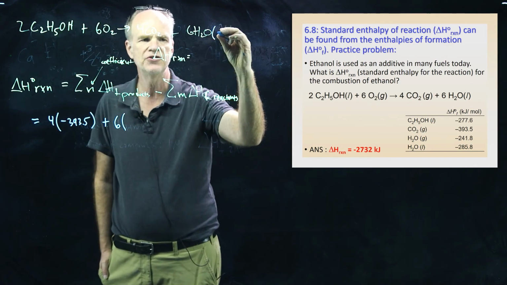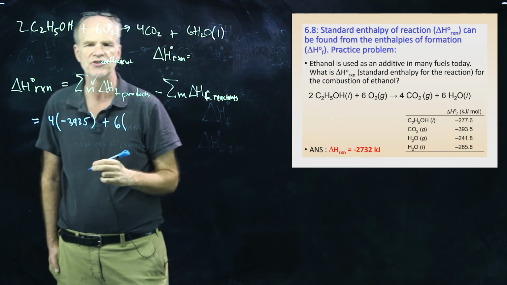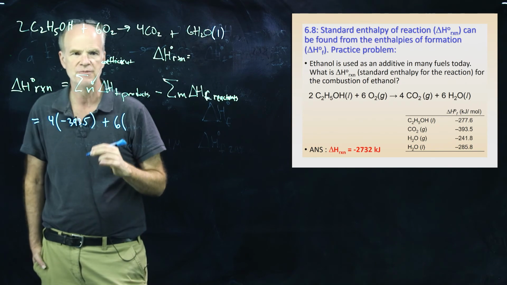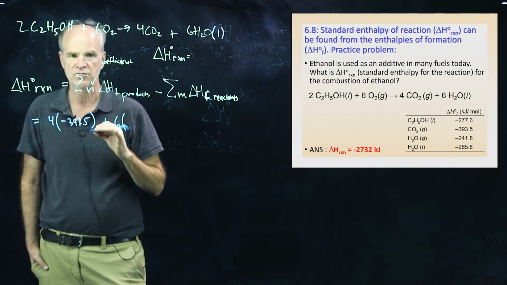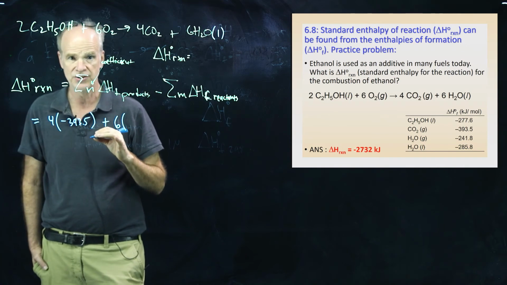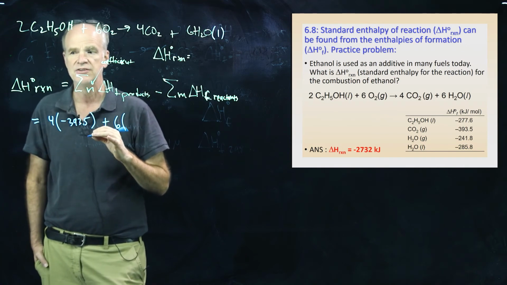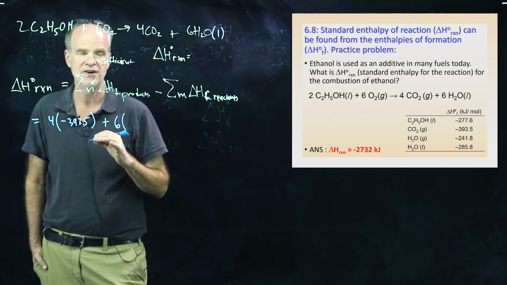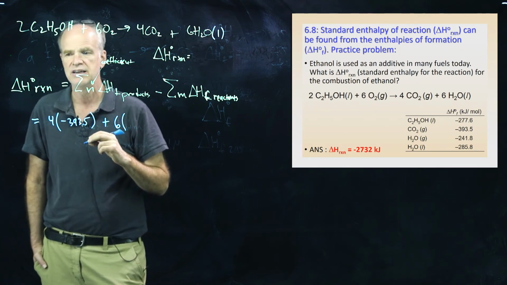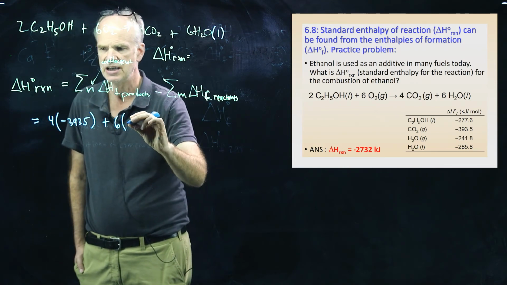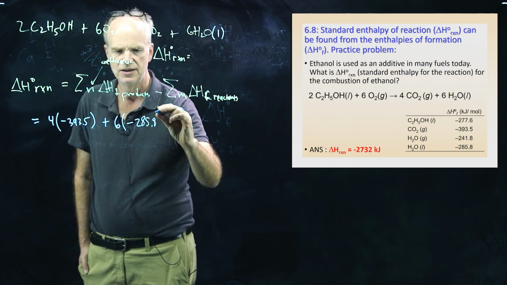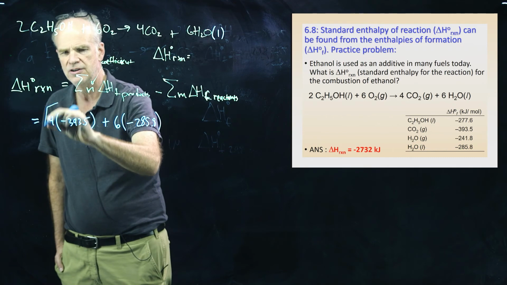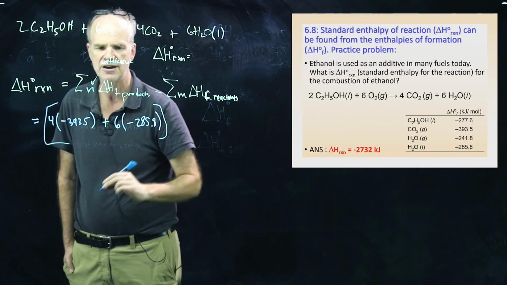This is liquid water, not gaseous, so we have to make sure the value we look up is the correct one for water in the correct state. We don't want the enthalpy of formation for gaseous water; we want the liquid state, and it's negative 285.8.